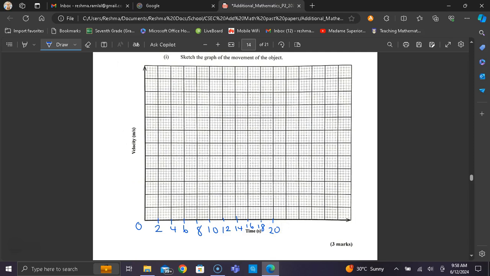Okay, and on the y-axis, let's let 1 centimeter be 1 meter per second, and we're just going to go up to 10. Okay, so I'm going to zoom back out.